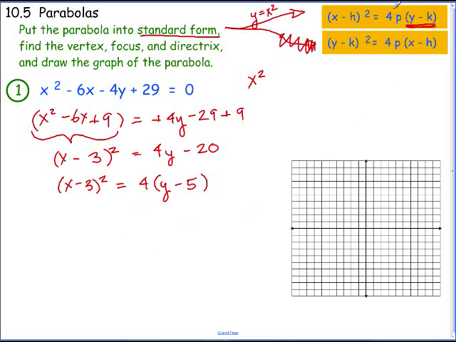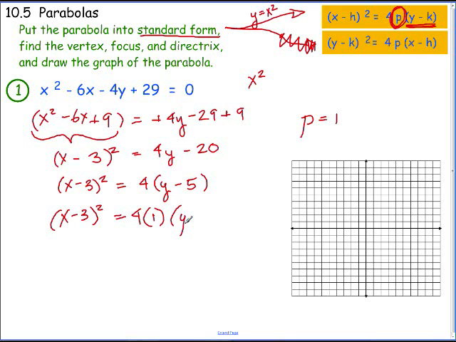Now the form I want will reveal to me what my p is. I have to factor a 4 out of this, so I've got x minus 3 squared equals, when I factor a 4 out of 4, what's left? A 1. So that tells me that my p is equal to 1.